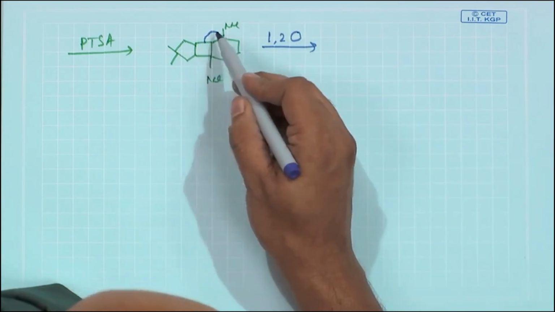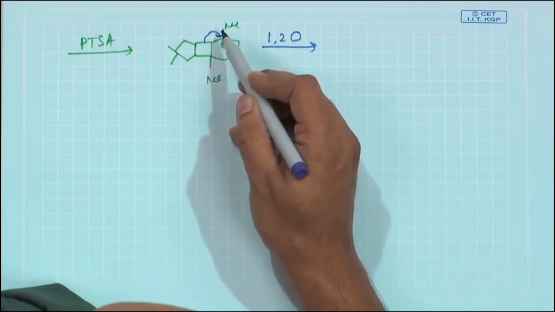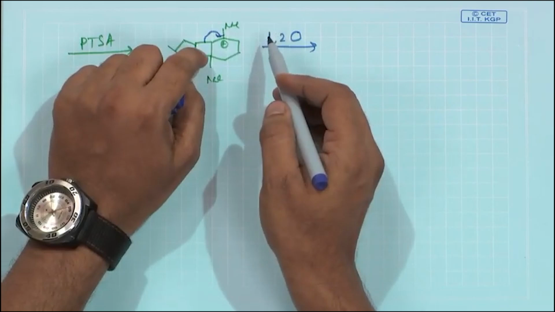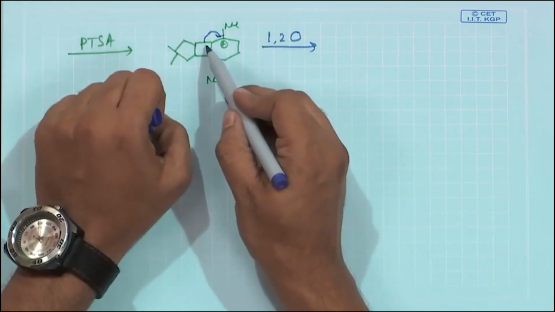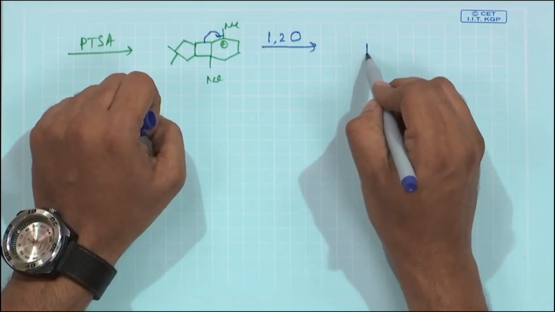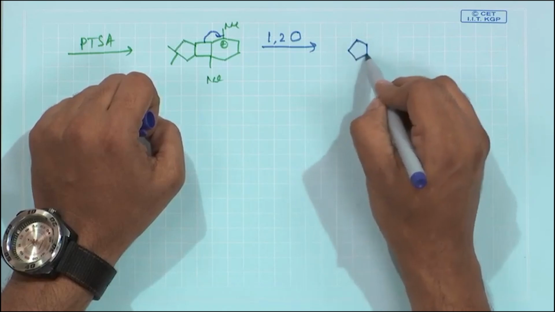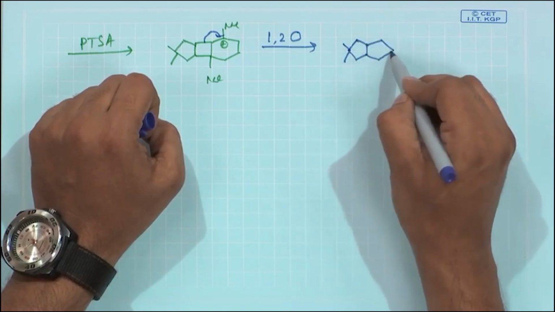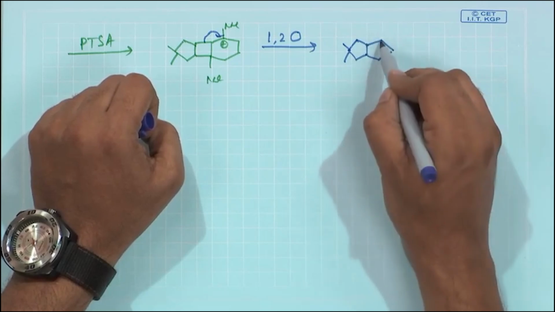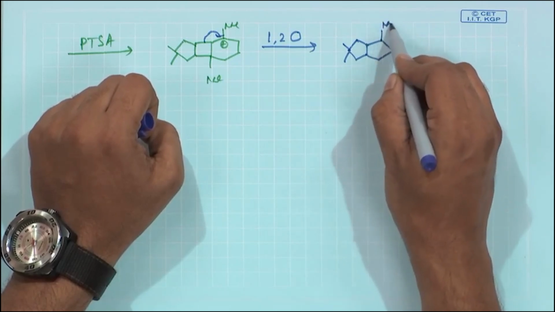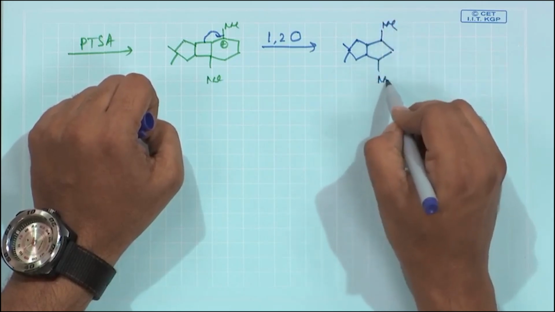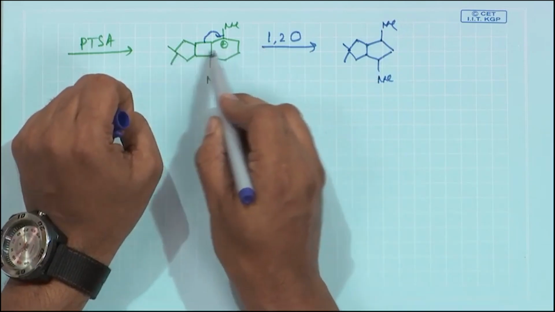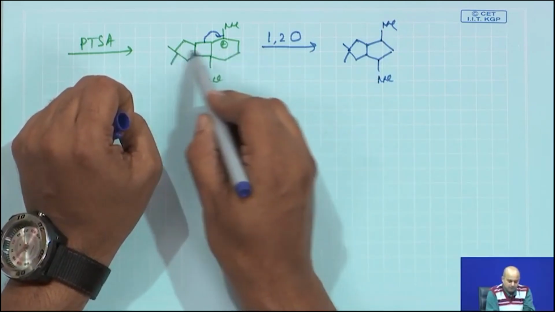Now, after this migration there is a very beautiful observation. Once this migration takes place, the 4-member ring now becomes a 5-member ring, and as both the methyl groups are there, the earlier methyl part makes it a local symmetrical molecule or pseudo symmetrical molecule.